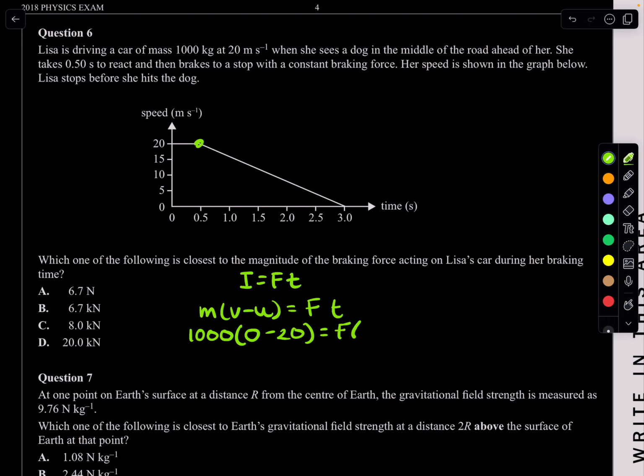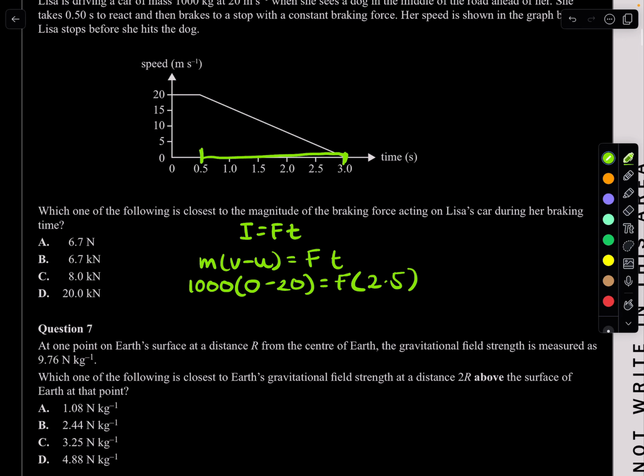Force times time. And what's the time? How long did she take to brake? Well, this is when she started to brake, and this is when she ended. So the time is actually 2.5. So we can say negative 20 times 1,000 over 2.5, and that's your force.